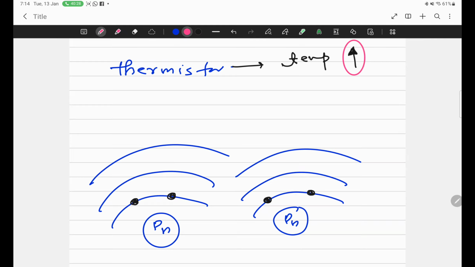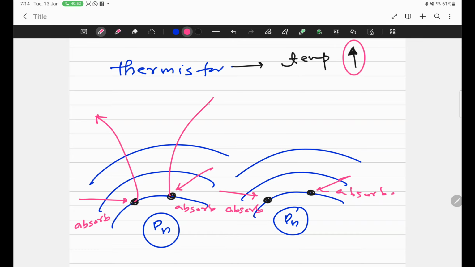Temperature increase means there is thermal energy, so these electrons absorb heat energy. And when an electron absorbs heat energy, it jumps into a higher energy level.